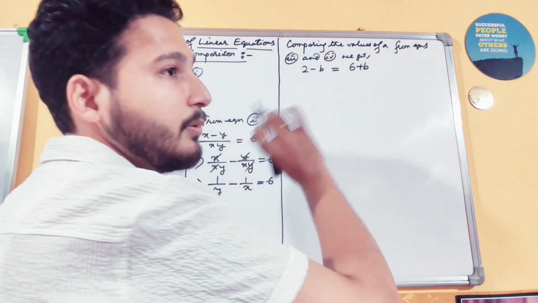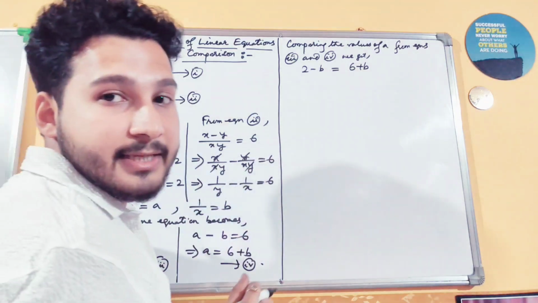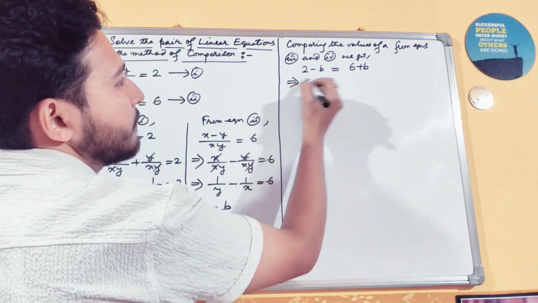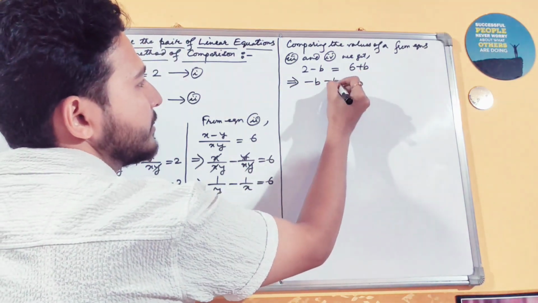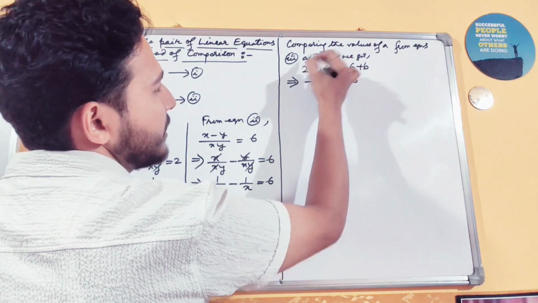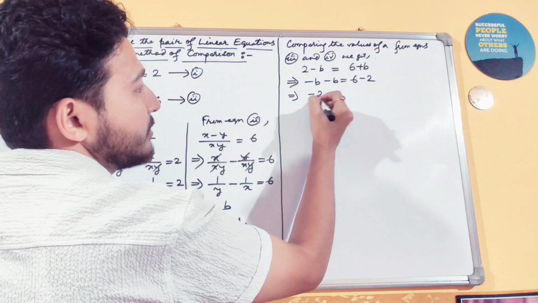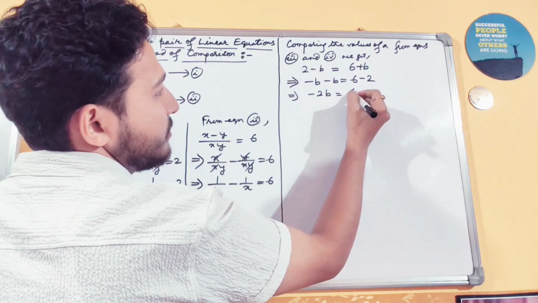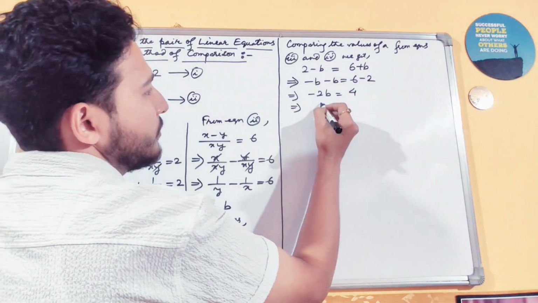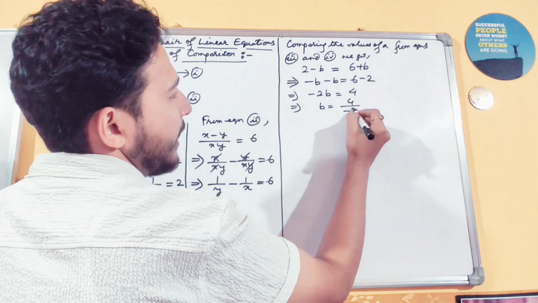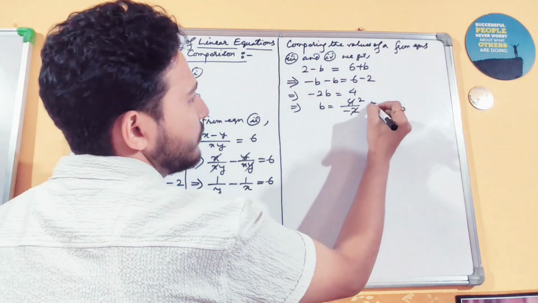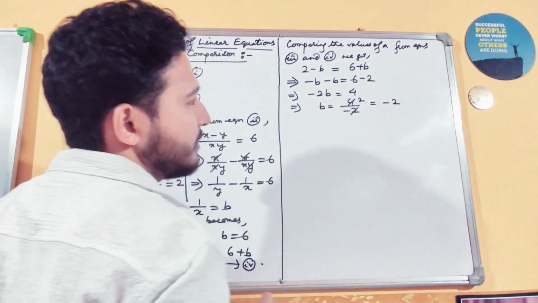We compare both. Let's just find out b. Minus b minus b is equal to 6 minus 2, so minus 2b is equal to 4. So b is equal to 4 by minus 2, so minus 2 is the answer for b.